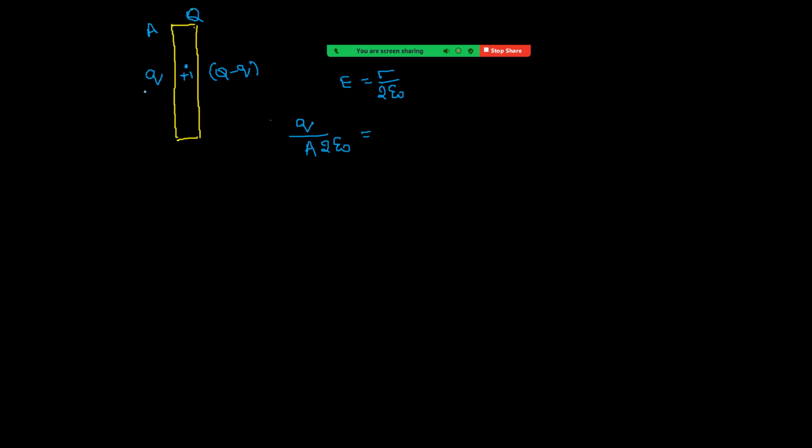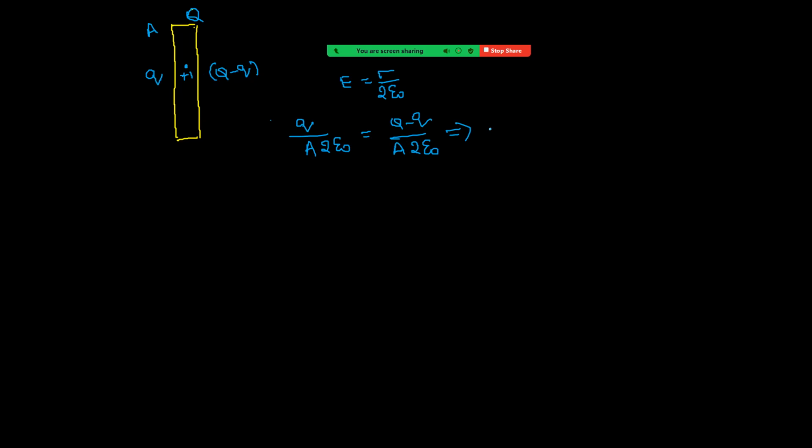This field due to this one should be balanced by the field due to the remaining charge. So sigma, Q minus q by A, sigma by 2 epsilon naught. Okay. Now from this we can see these two are cancelled.